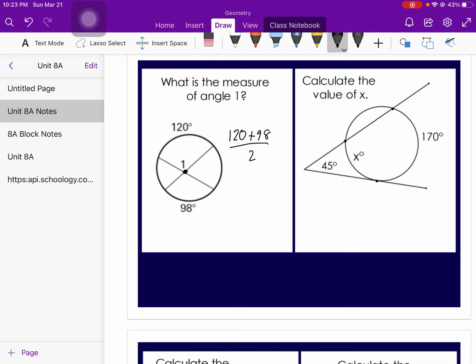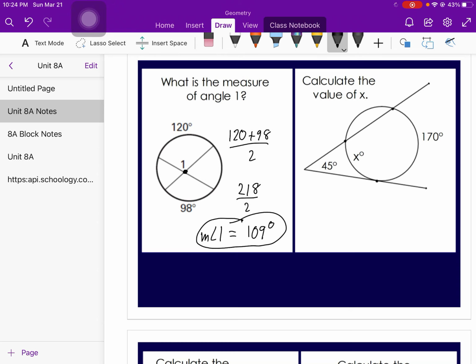So 120 plus 98 is going to be 218 divided by 2, which is 109 degrees. So the measure of angle 1 is 109 degrees. And that looks like a pretty reasonable answer looking at it. It's directly in between those two.